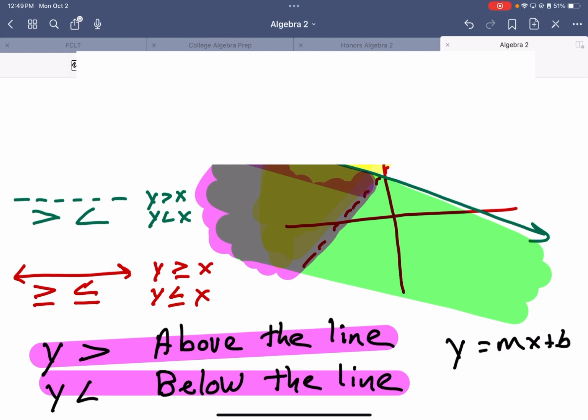If you're in standard form, ax plus by equals c, or is greater than c, that doesn't always work. So make sure that if you're using this rule, it's in slope-intercept form. All right, so those are the things we need to know. Is it a dashed line? Is it a solid line? Do we shade above it or below it?